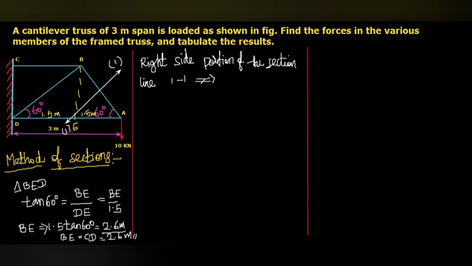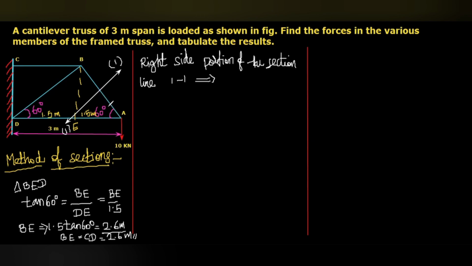And here, the concept is, in the considered portion, whatever point loads are there, those we have to consider. Point loads on the other side, that means the not considered portion, we don't want to consider. Here only 10 kilonewton is the point load, and that is in the considered portion, so there is no issue. Then in the considered portion, what are all the members cut by the section line?